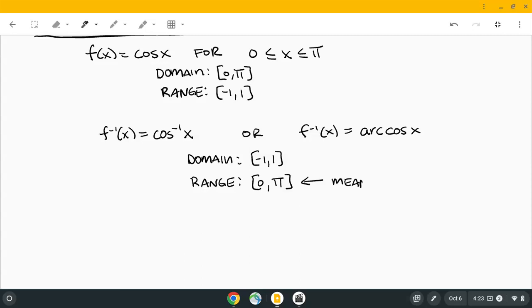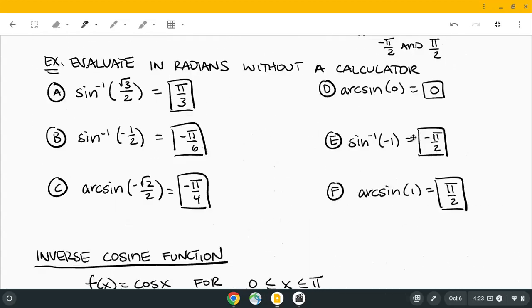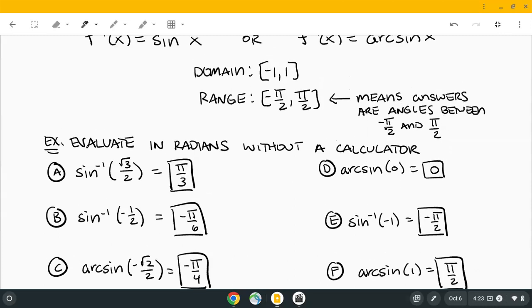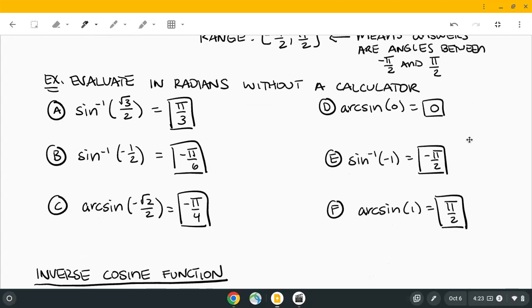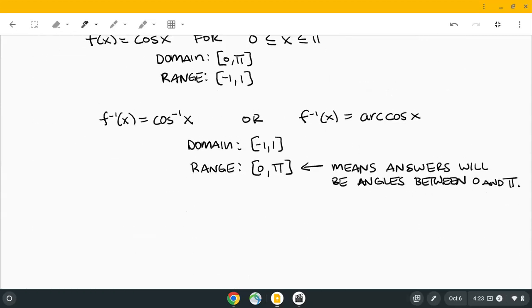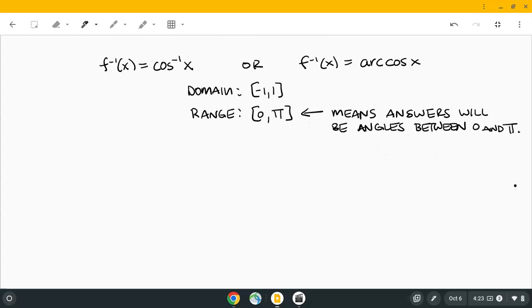It means your answers when you evaluate will be angles between 0 and pi. 0 and pi this time, not like sine inverse, where your answers are angles between -pi/2 and pi/2. Our answers are going to be somewhere between 0 and pi. All right, so let's take a look at some examples here.